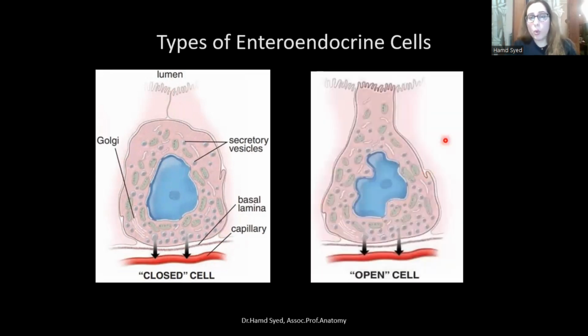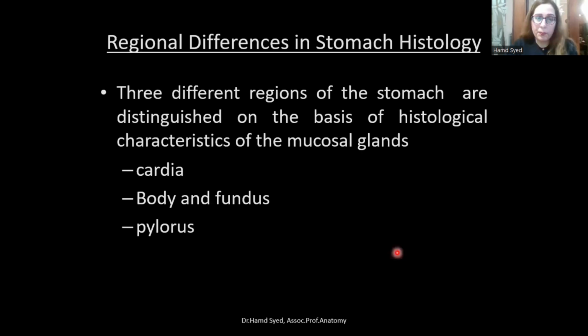In the case of the open type of enteroendocrine cells, the cell is in communication with the lumen. So the substances present within the lumen of the stomach are analyzed by these enteroendocrine cells, and in response to the trigger, they produce and release their secretory products, which are then carried away by the blood capillaries.